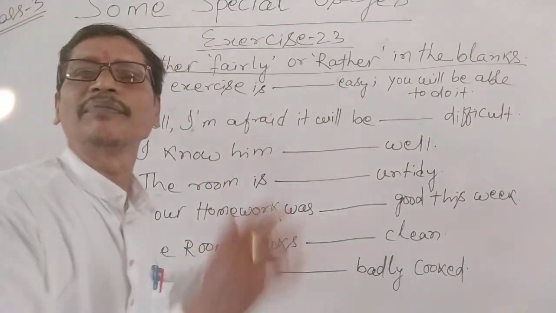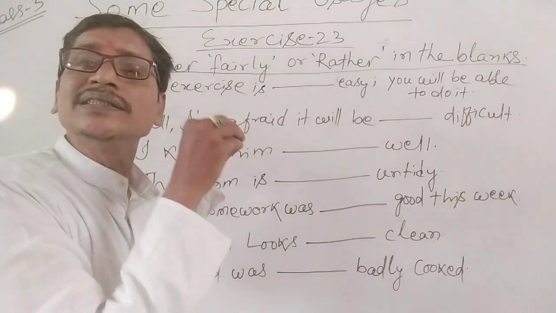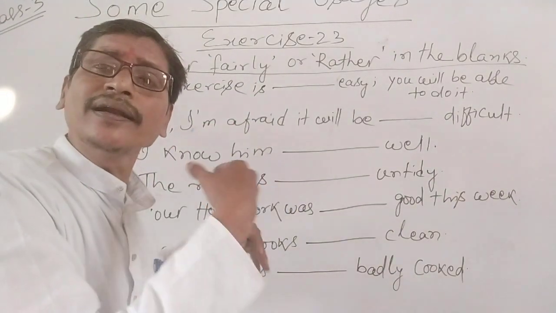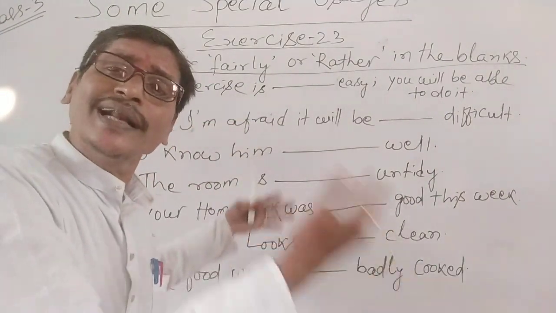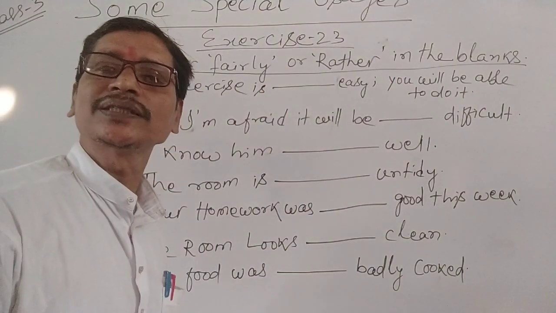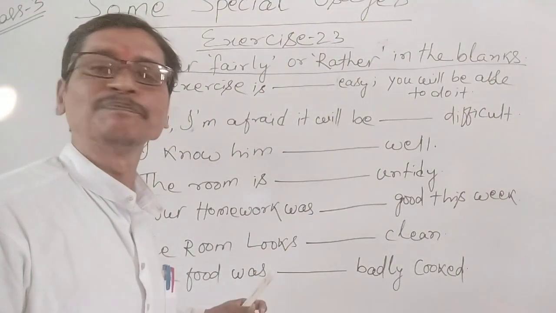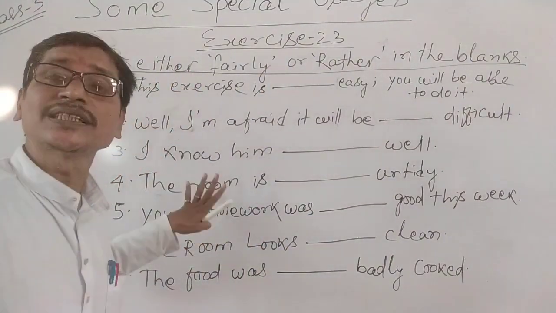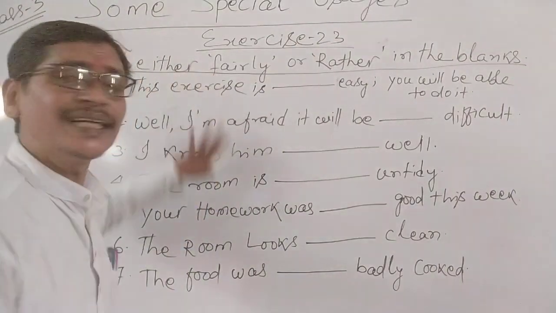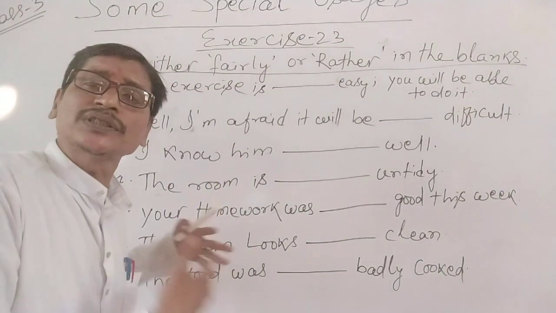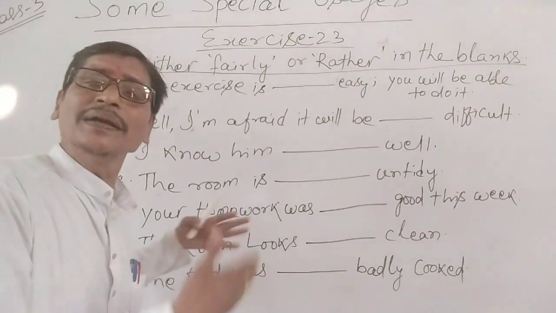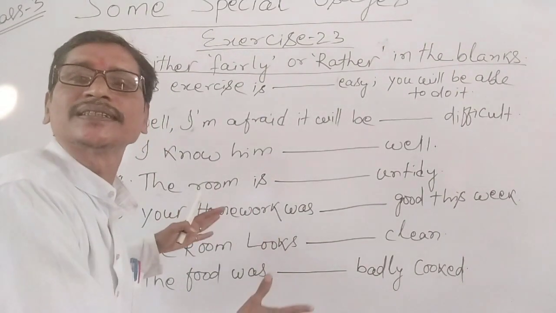Blank spaces are available, and we have to insert either "fairly" or "rather" in the blank spaces in this exercise. Some of the sentences of this exercise are written over here. There are still some more statements available, which we will discuss later on.